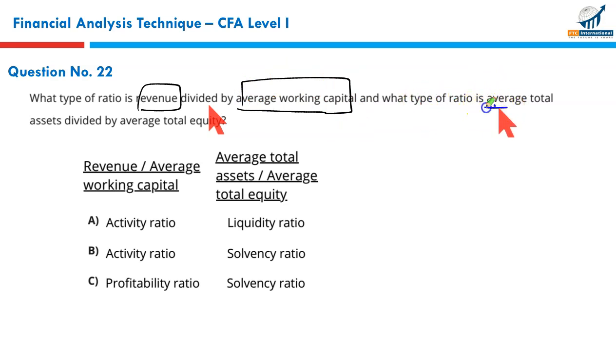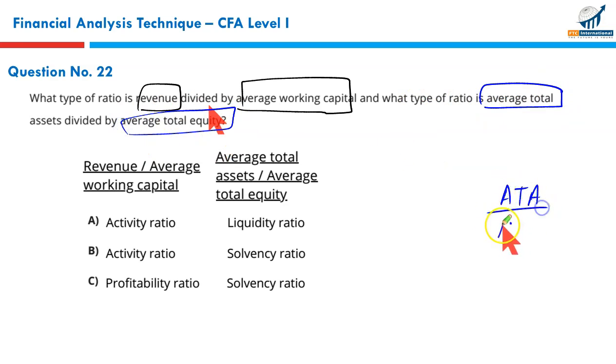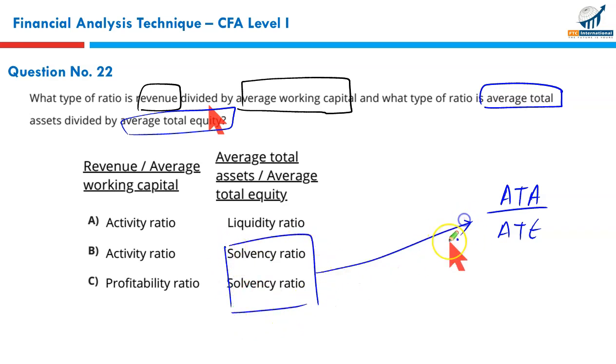And what type of ratio is average total assets divided by average total equity? It is called equity multiplier or leverage ratio. And a leverage is a measure of solvency. Leverage is a measure of solvency, whether business will be able to meet its long-term obligations when they become due. Liquidity is the ability of a business to pay its current obligations when they become due.